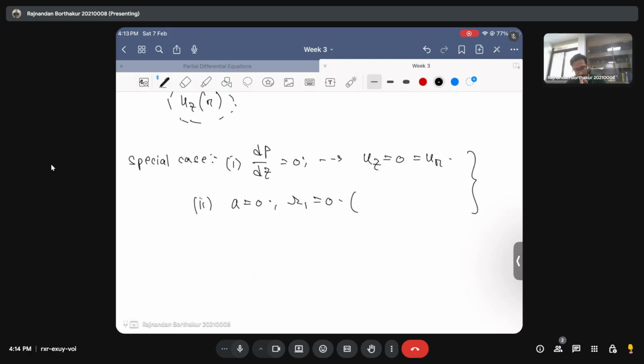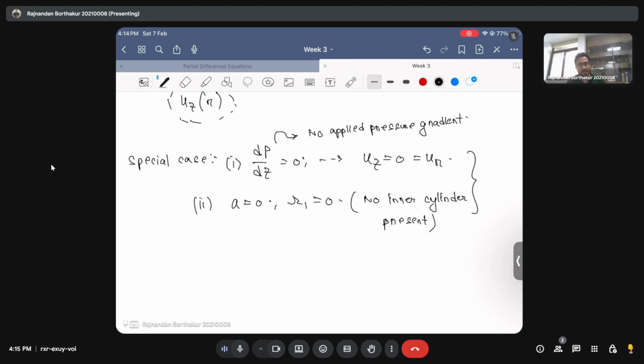Typically, this just boils down to the fact that there is no inner cylinder present, and this means no applied pressure gradient.